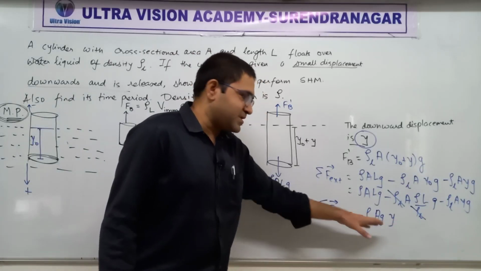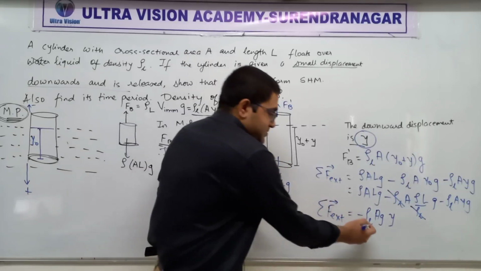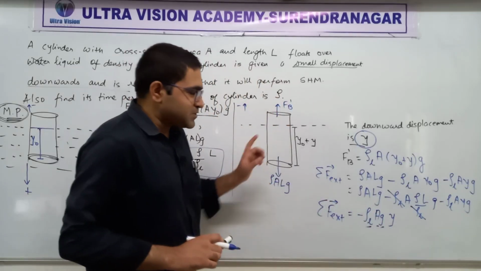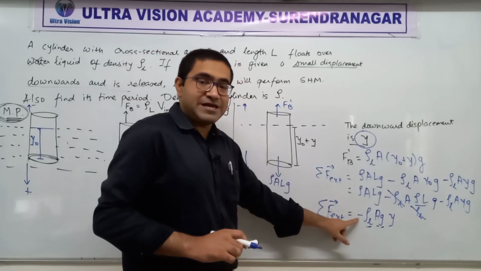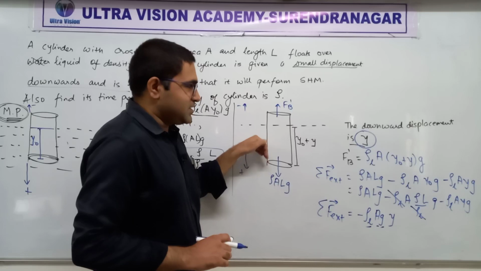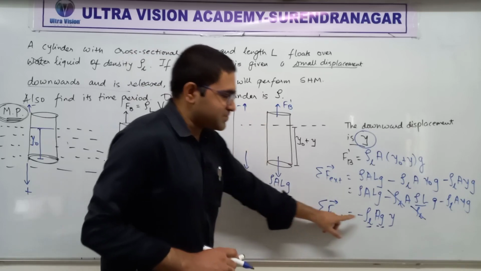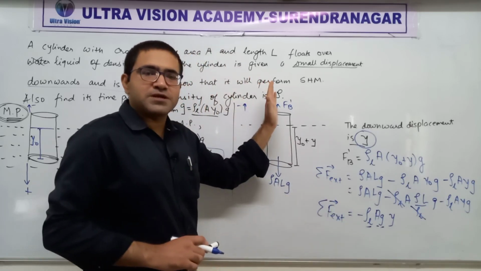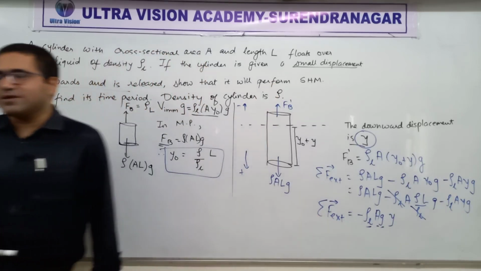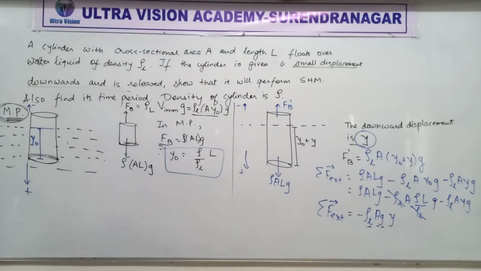Yes, you can see that here, because other things are constant. Rho l, A, g, they're all constants. Also, is it in opposite direction? Well, yes, because we said that displacement is downwards, but net force we are getting negative, that is upwards. Clear? So it matches perfectly with simple harmonic motion. Understood everybody?